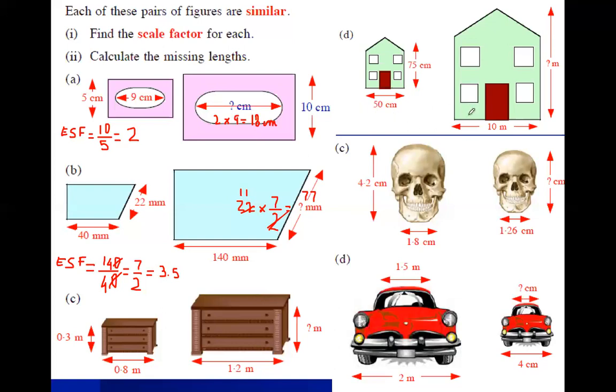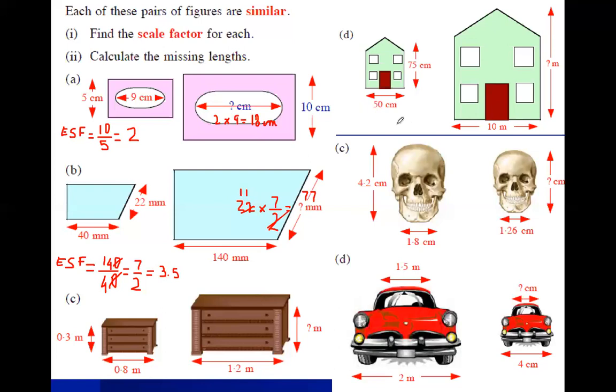And this is the tricky bit where you're asked to go from a 50 centimeter, 75 centimeter house, and they tell you that the real length is going to be 10 meters. So that could be an architect just trying to build a house to the correct ratio.